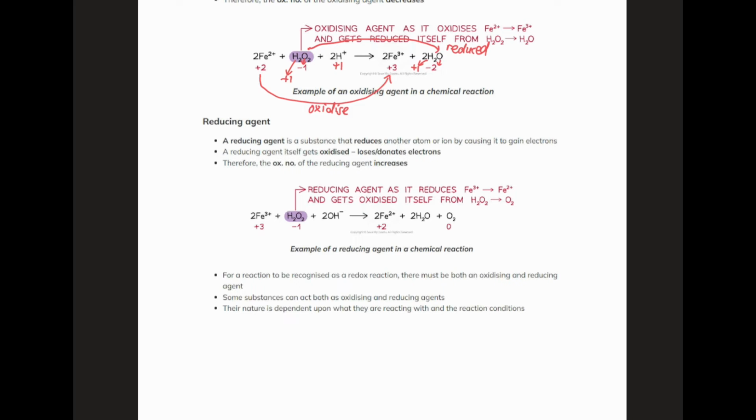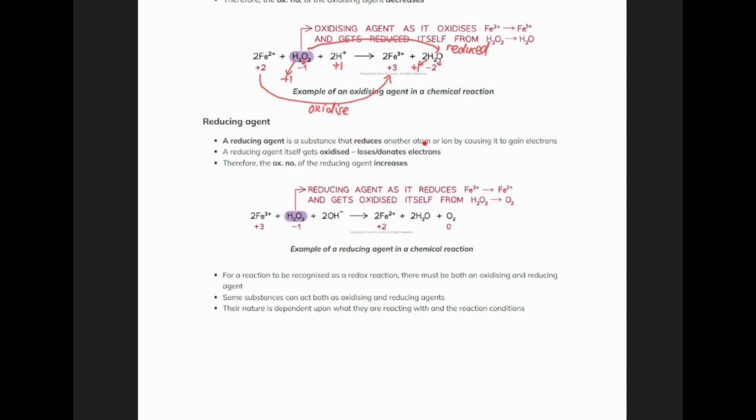Reducing agent. A reducing agent is a substance that reduces another atom or ion by causing it to gain electrons. Okay, so again, the idea is reduces another atom or ion.